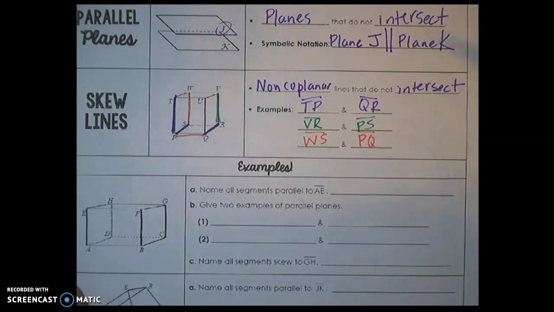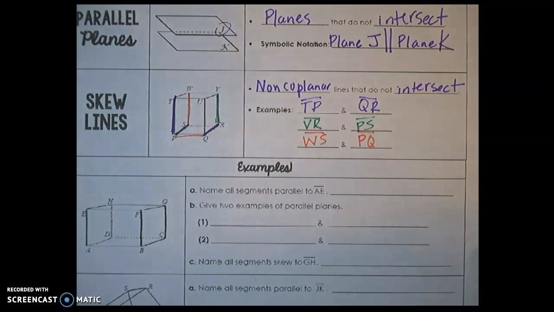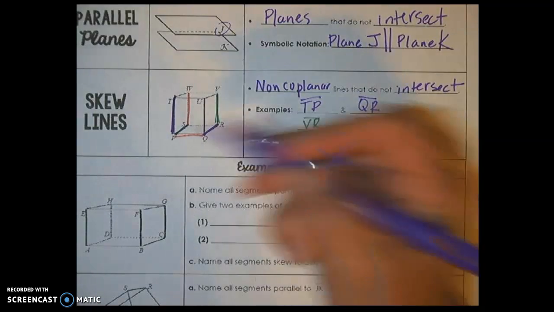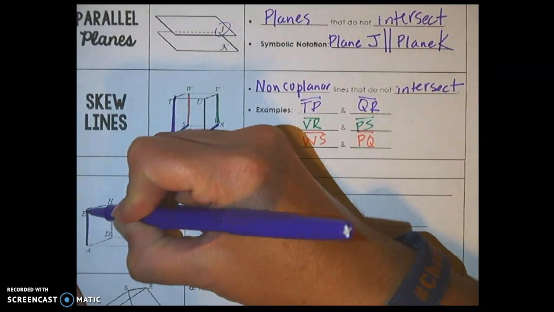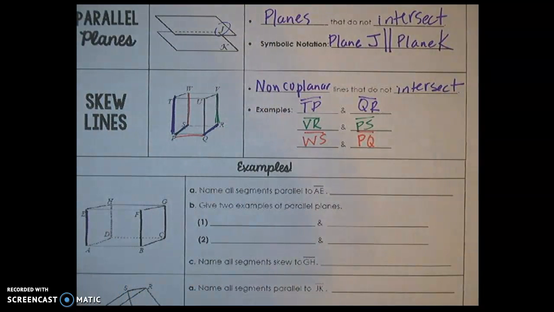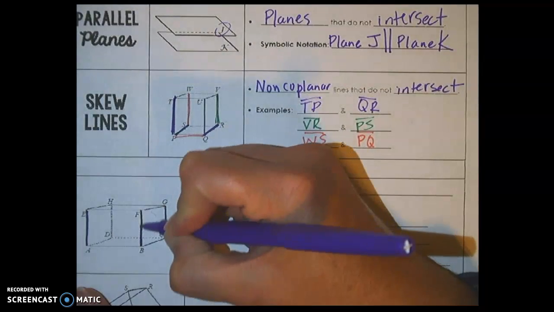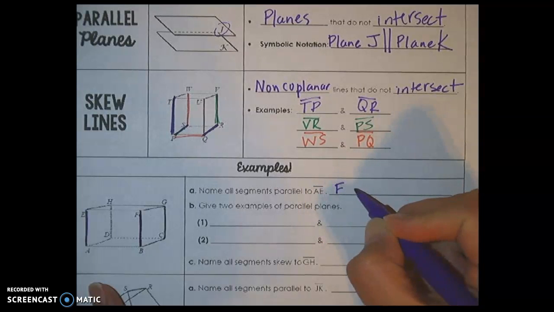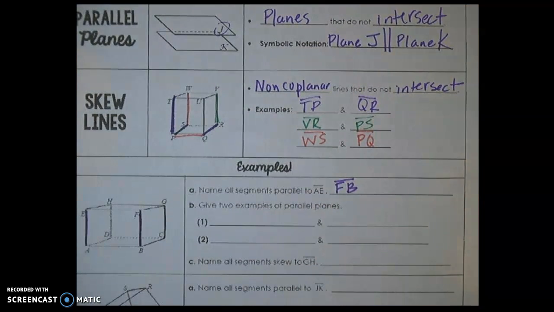The next example here, we are looking at this figure, and it says to name all segments parallel to segment AE. So if I look at segment AE right here, what would be parallel to AE? Well, remember, they have to be in the same plane. So FB would be a great example of a segment that is in the same plane and parallel.